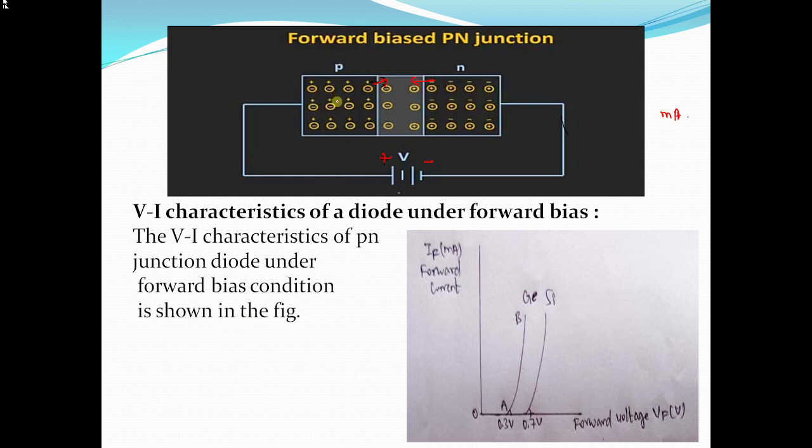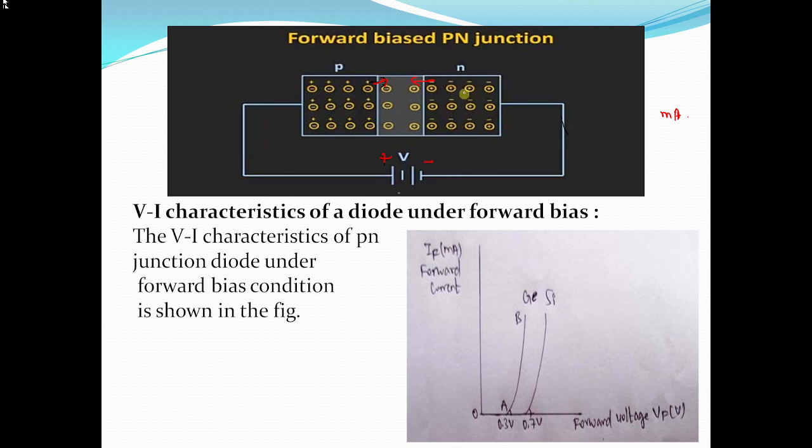So see here what we have discussed. Forward bias PN junction diode means the positive terminal of the battery should be connected to P type and the negative terminal of the battery should be connected to N type. Majority charge carriers in P type are holes. Holes carry positive charge. This positive repels and they move towards the junction. Majority charge carriers in N type are electrons.